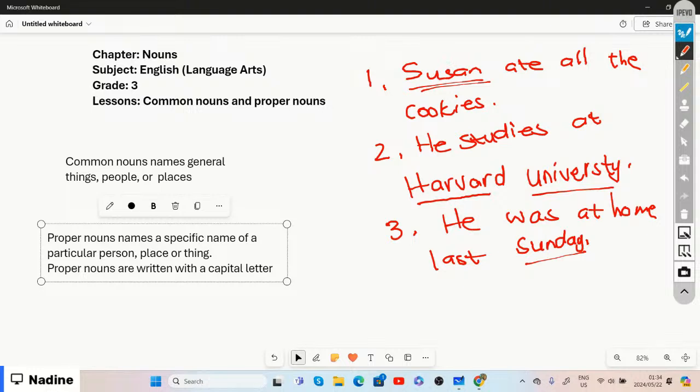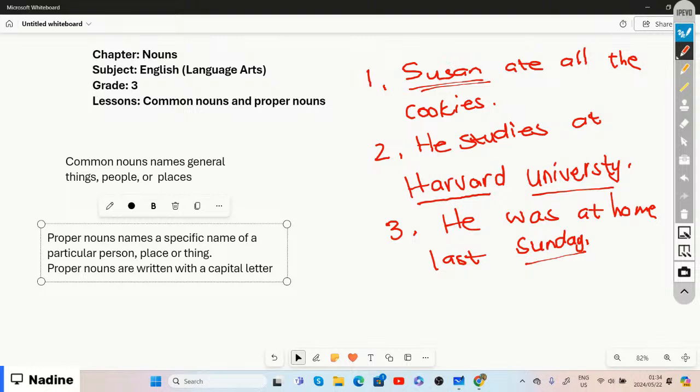Home is just a general noun, because instead of saying which home, you just say home. It is a general noun. And that is why we're saying that proper nouns are, for example, Sunday or the name of a person, and we write that in capital letters. Months of the year we also write in capital letters, as well as days of the week and names of people.